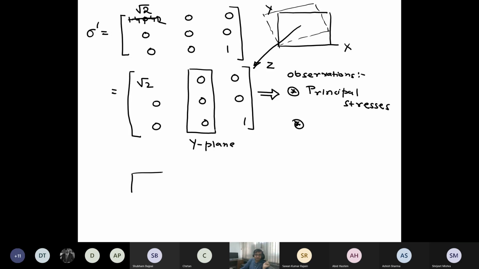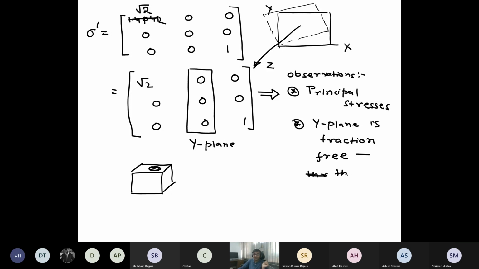So for example, if I draw the cube, on this plane, which is my y plane, there is nothing acting. So I can write that y plane is traction free, which means this is a stress free plane.